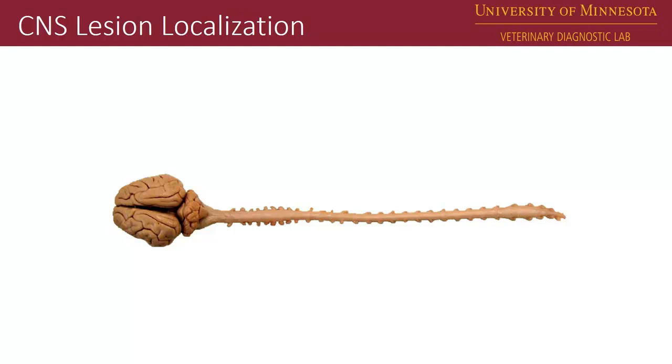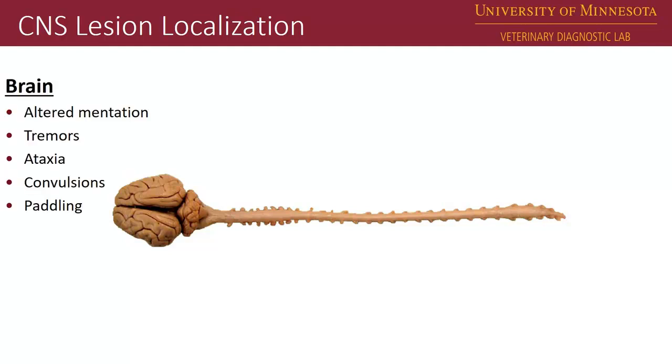So I'm just going to walk through this to make sure that everybody is thinking about how to grab the samples that we need for diagnosis. We'll start with the brain. Anything that has altered mentation, loss of consciousness, things of that nature should be thought of as within the brain. There are other things that are not specific. One thing that you'll hear frequently is ataxia, or that's just incoordination.